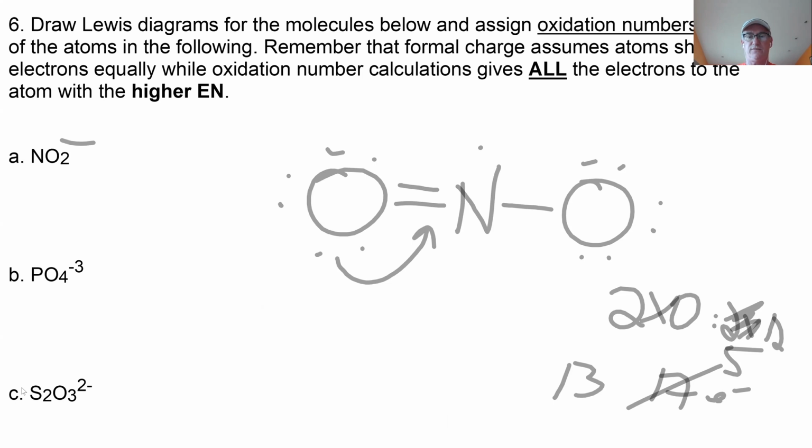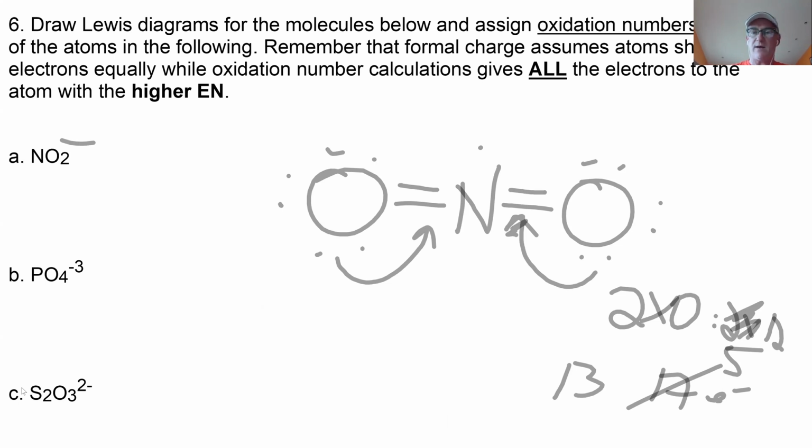So now it's got 2, 4, 6, 7, and we'll put a double bond there. Oh, wait, but we can't do that. That gives it more valence electrons. It gives more total electrons than it can handle. Oh, now I remember how this works. So, yeah, we can't do that.